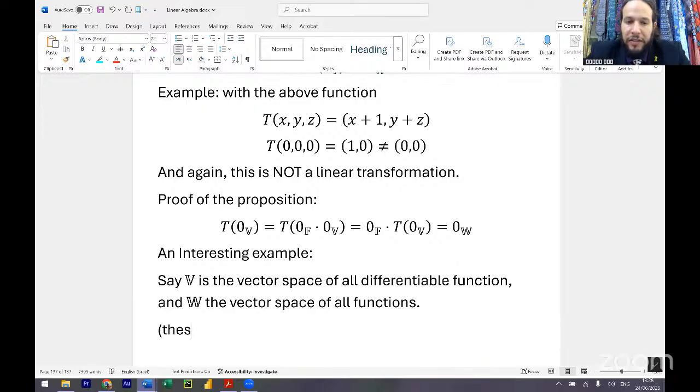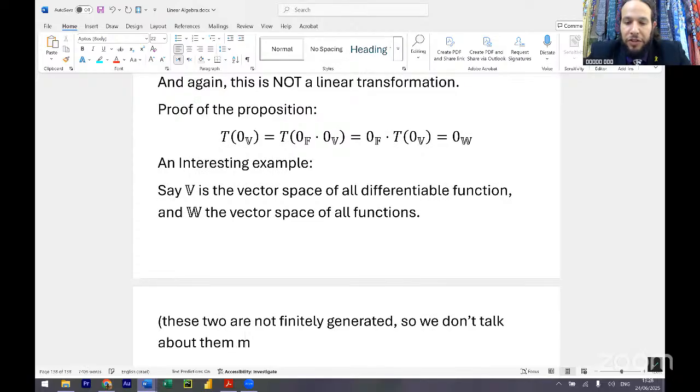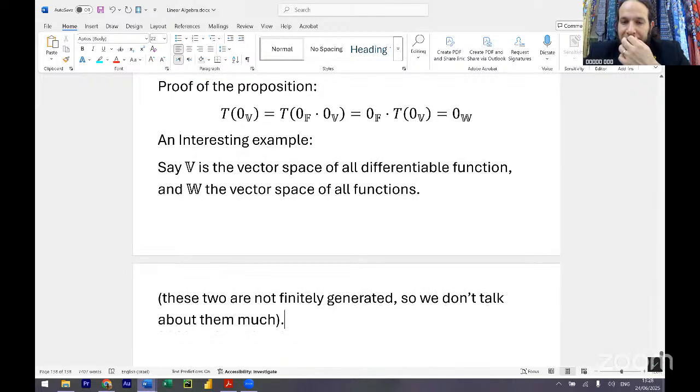And these two are not finitely generated, so we don't talk about them much. Okay, but still it's a very important example.